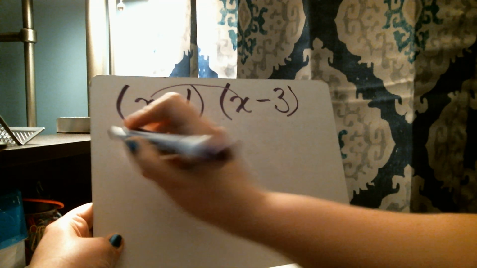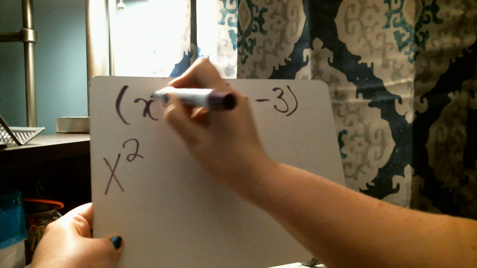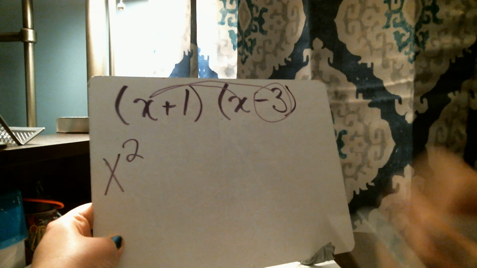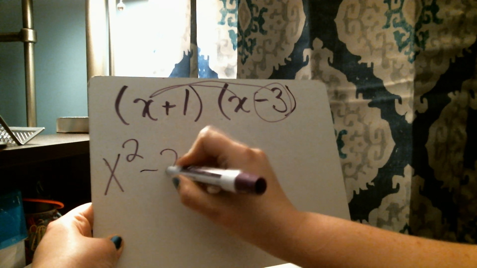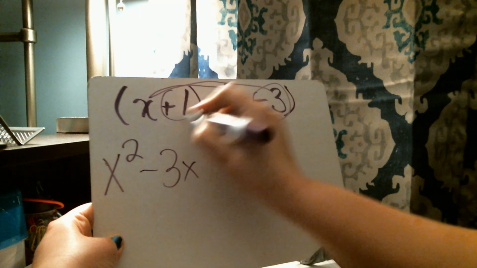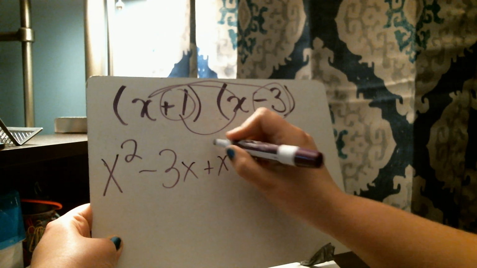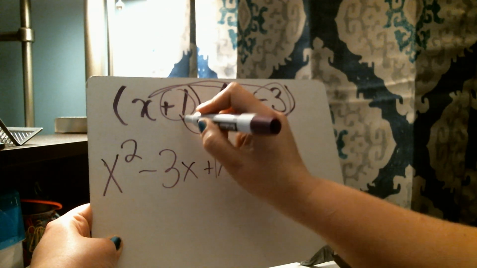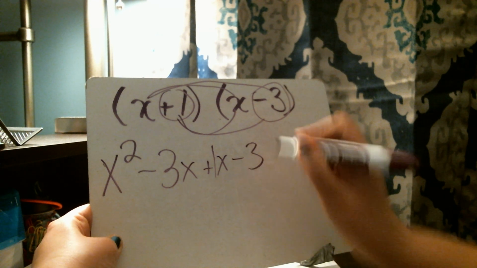X times x means x squared. And then x times negative 3, that negative belongs to the 3, is negative 3x. Positive 1 times x is plus x, or plus 1x if you like that. And then positive 1 times negative 3 is negative 3.